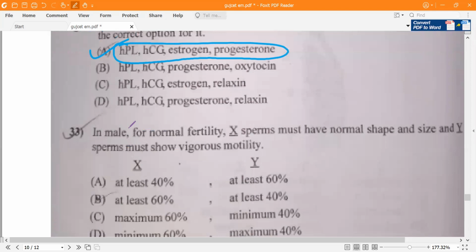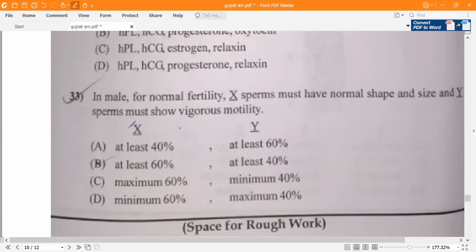So it is certainly HCG, HPL, estrogen, and progesterone. This is correct: 60% of normal shape and size, 40% show vigorous motility. This is the second option.